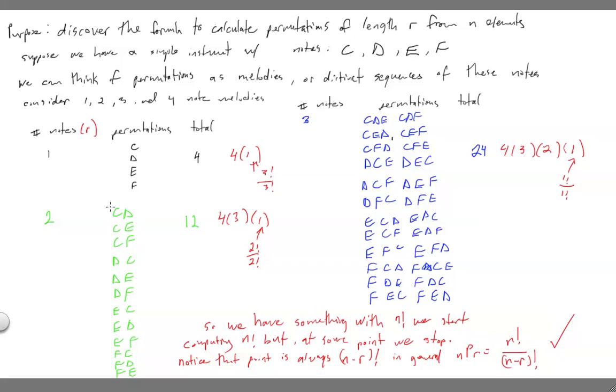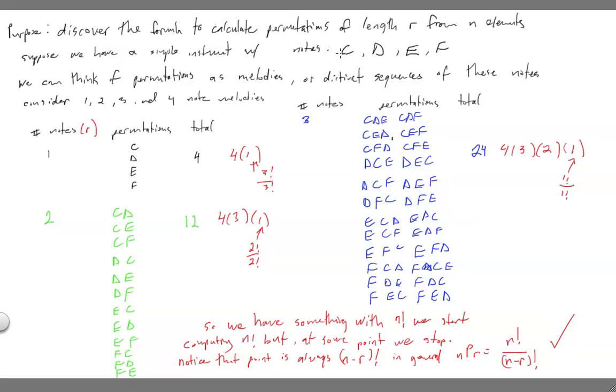And so we're totaling these up, and we see that there are 12 total permutations. Four total notes to choose from, four elements, length 2, r equals 2 permutations, so we get nPr, 4P2 equals 12.